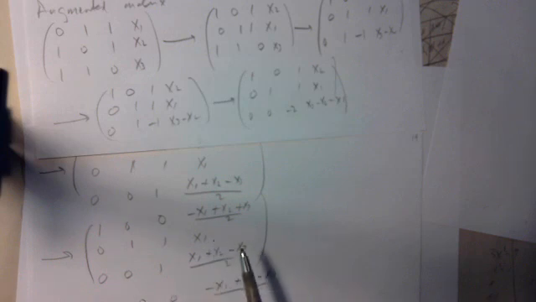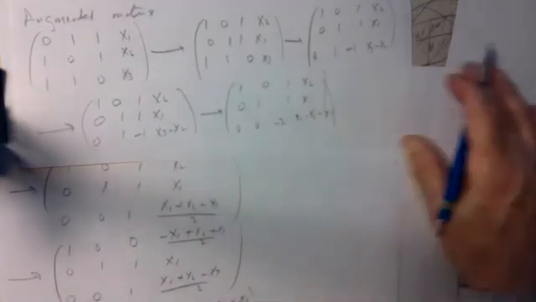And to get a 0 here, I subtract row 3 from row 2. 0 minus 0, 1 minus 0, 1 minus 0 is 1. 1 minus 1 is 0. x1 minus this is x1 minus x2 plus x3 over 2.